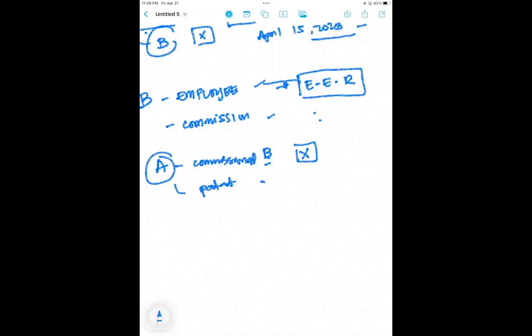Okay, so in the agreement, let's say for example, A commissioned B to work on X, and they agreed that in case of success, B shall have ownership over the patent, then B has the right to the patent. But if there is no such agreement, then A shall own the patent.